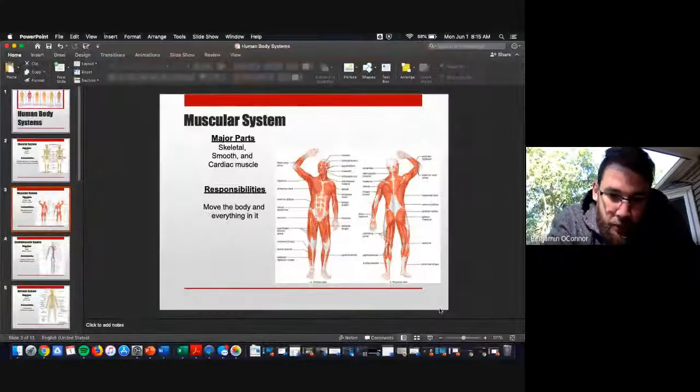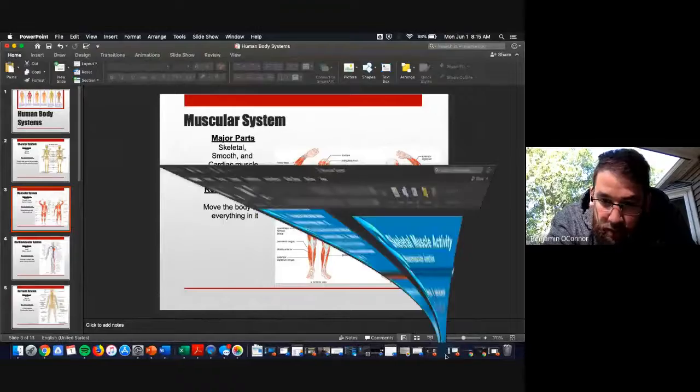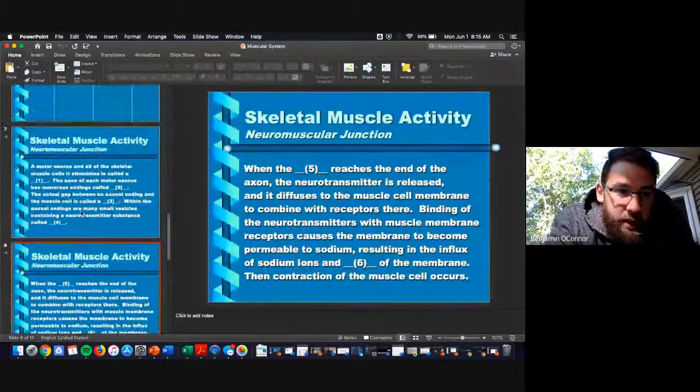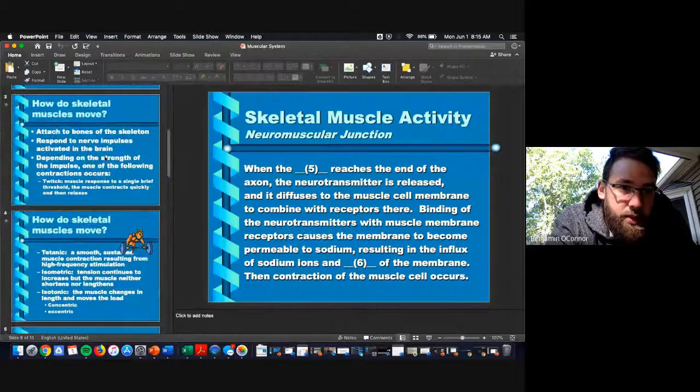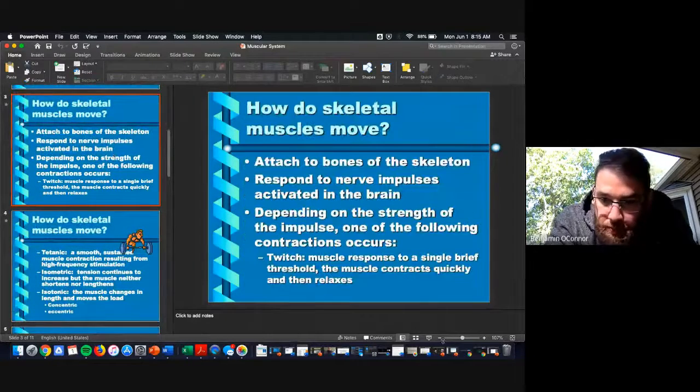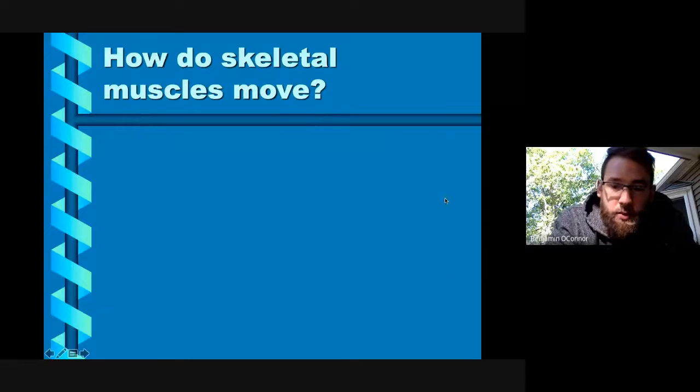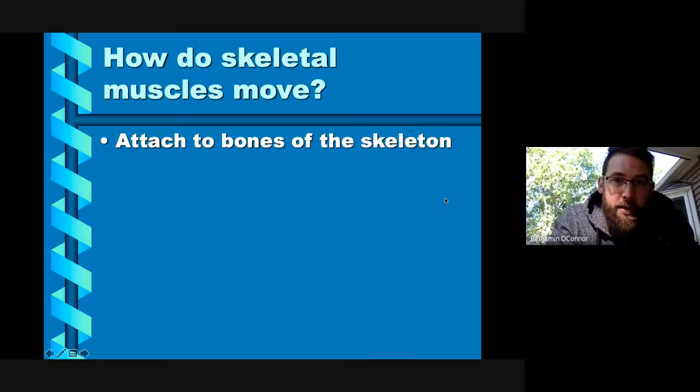I'm going to hop PowerPoints again and bring you very quickly into some. Sorry. So how do the skeletal muscles move? They attach to the bones of the skeleton, as we just explained.